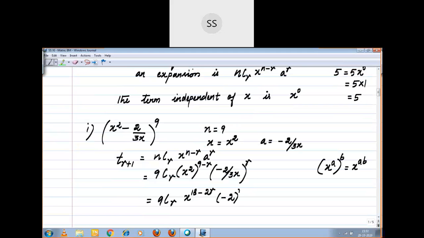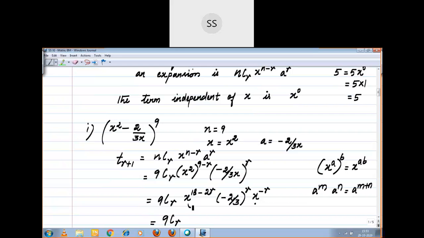Now (−2)^r, then (−2/3)^r x^(−r). When you shift x to the numerator, the power becomes negative, so −1 into r, that is −r. Now in 9Cr, the bases are the same, right? a^m into a^n equals a^(m+n).